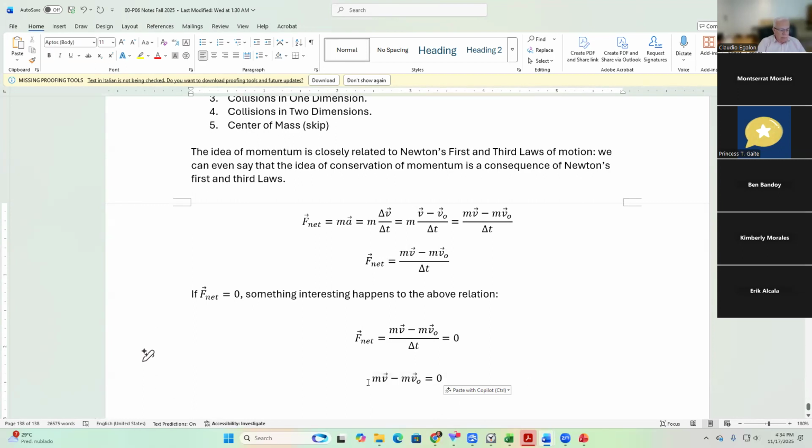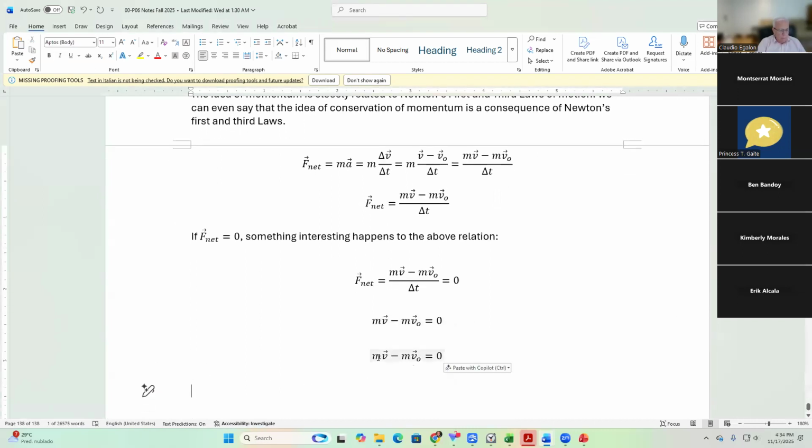And look what we have: mass times final velocity minus mass times initial velocity is equal to 0, which is the same as saying that what you have at the beginning is equal to what you have at the end. This quantity that you see here on both sides, we call it linear momentum.